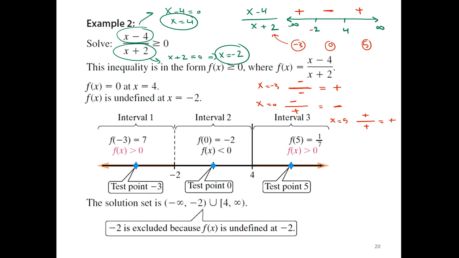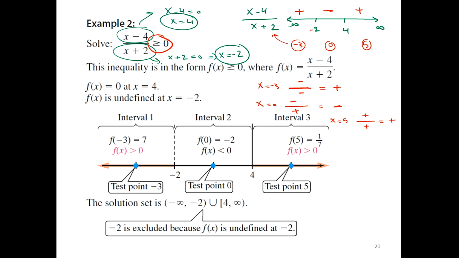Okay, so we need this fraction greater than or equal to 0. So we need the values of x that make this fraction, x minus 4 over x plus 2, positive.